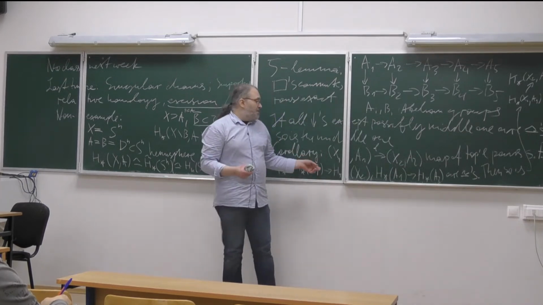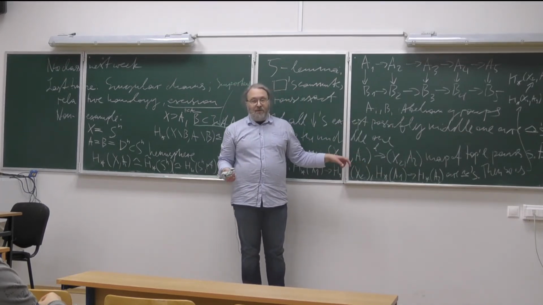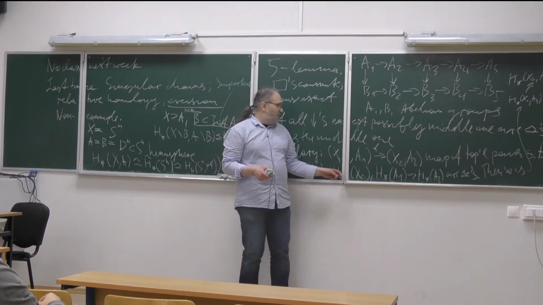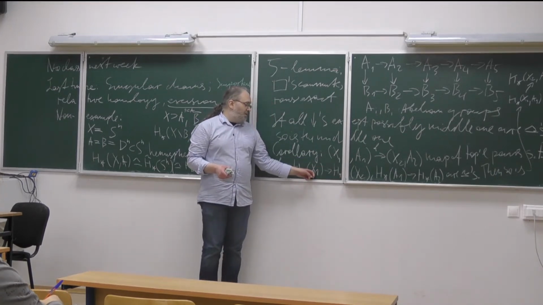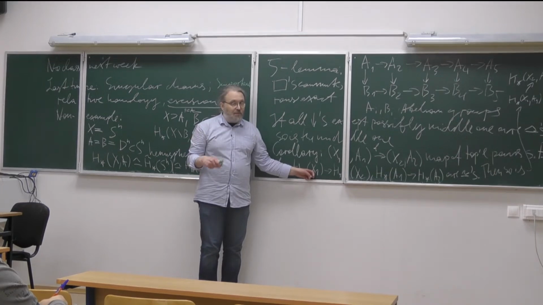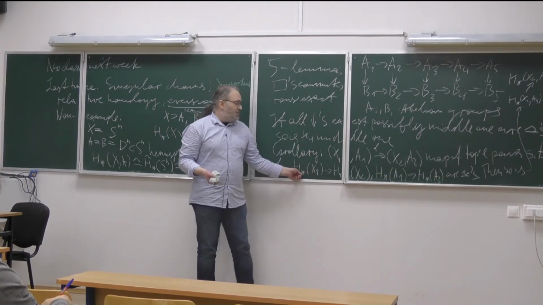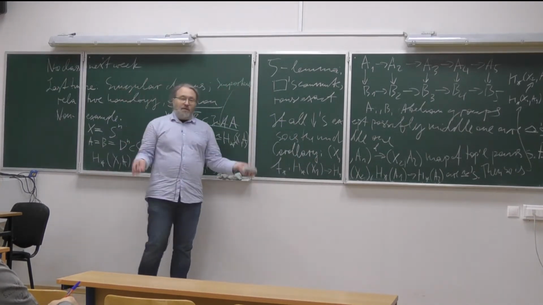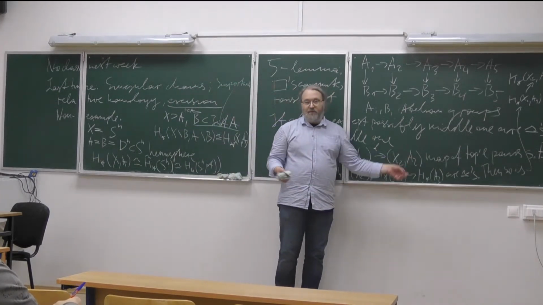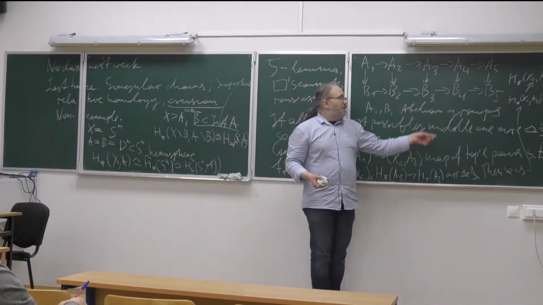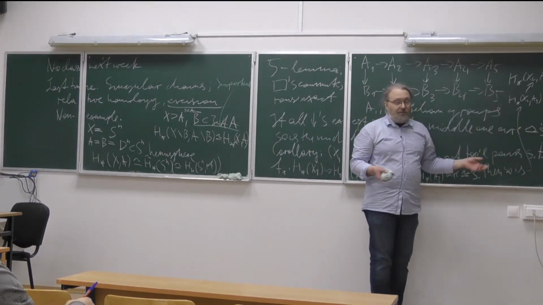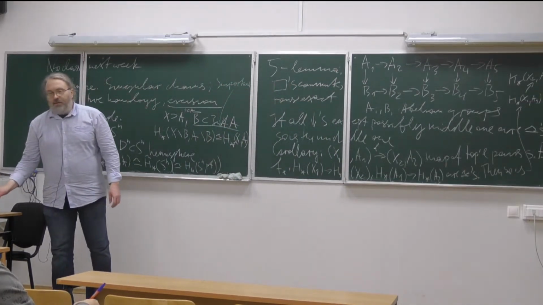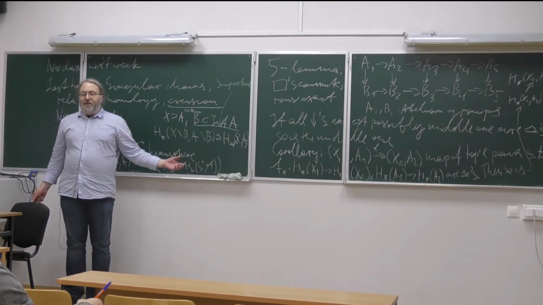And suppose this map is an isomorphism on the level of the homology of the ambient spaces, meaning the map from the homology of X1 to the homology of X2 is an isomorphism. And suppose the same is true for A1 and A2. Then the same is true for the relative homology. Does this make any sense?